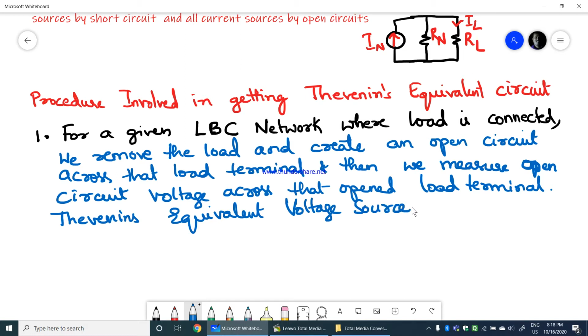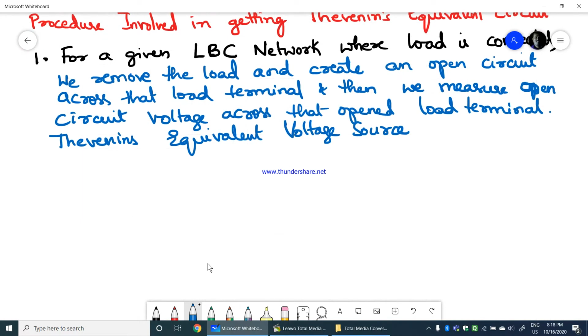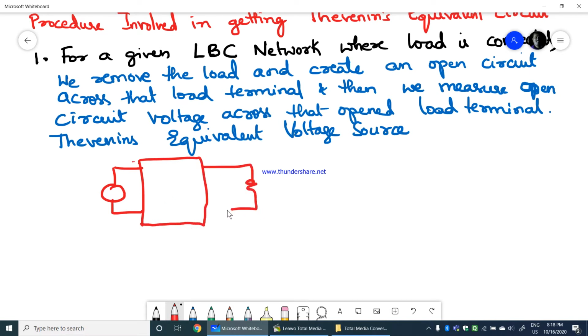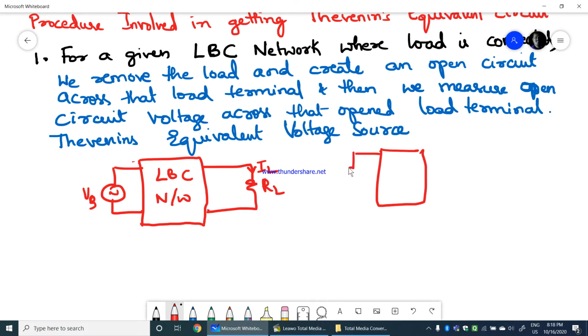Now what does that mean here? Think that we have a complicated network where the load is connected here. So this is a linear bilateral complicated network where you have source voltage Vs, and this is my RL where IL is the current to be calculated. This is the final current value that we calculate. Now I will remove this load and create another circuit here by removing that load.